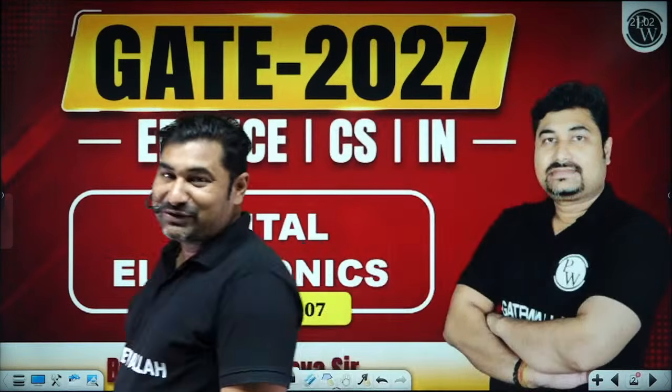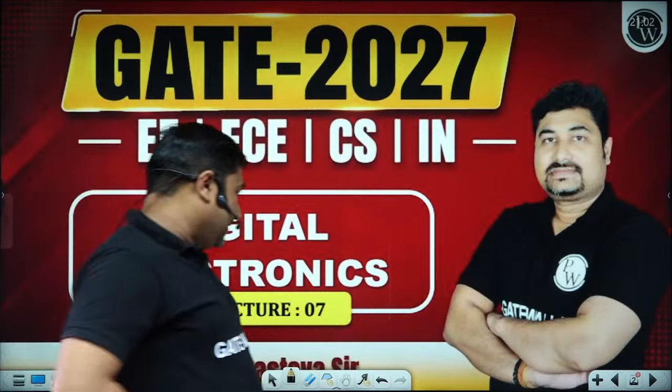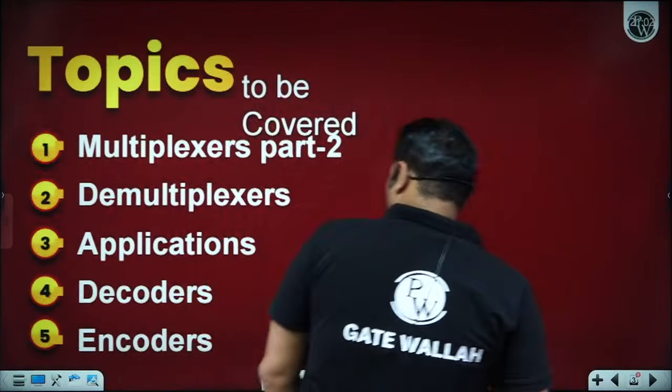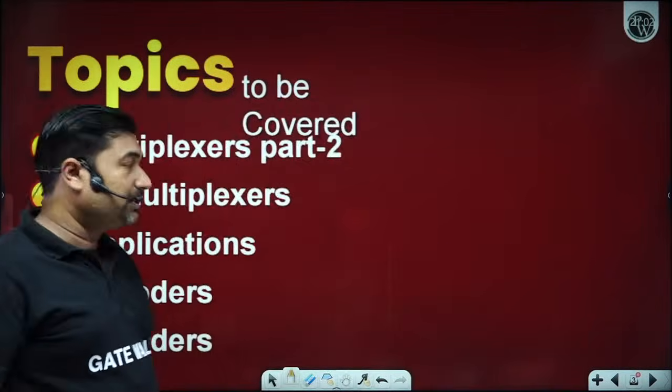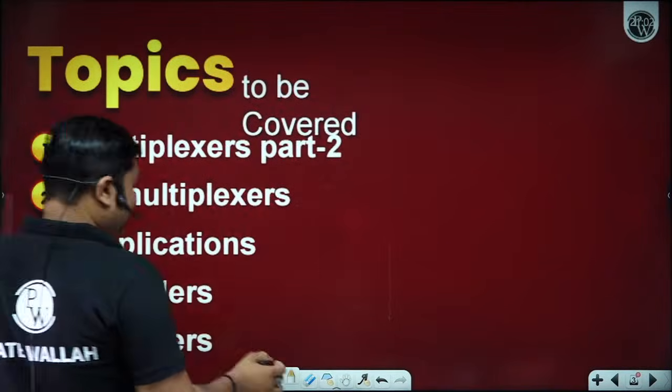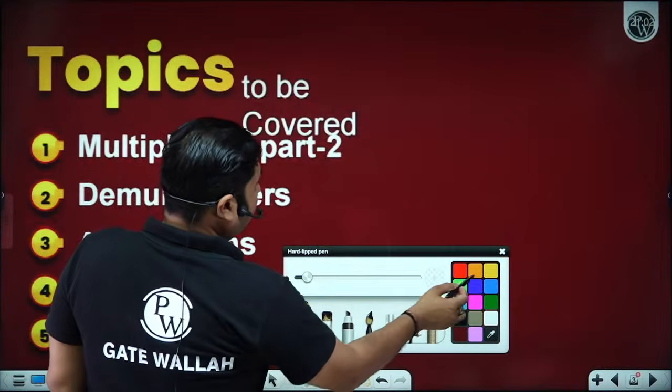Great. Good evening, Betaji. So today I am moving towards the next part, that is lecture number 7, and in this I am going to discuss the demultiplexer. Till now we have completed multiplexer.